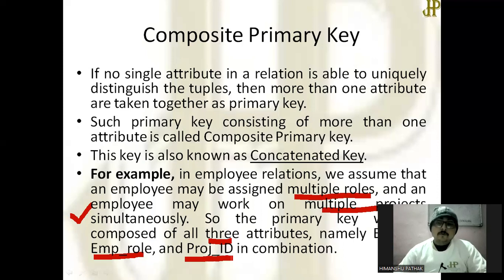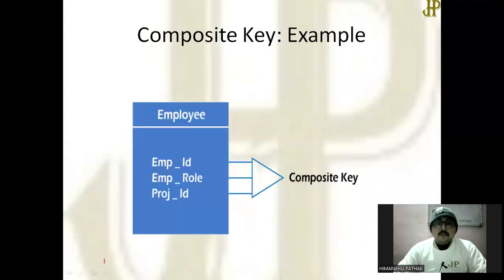Because of two columns, it is known as composite. So here you can see that employee ID, employee role, and project ID, all three values are needed to uniquely identify each and every row of the employee table. So it becomes composite.